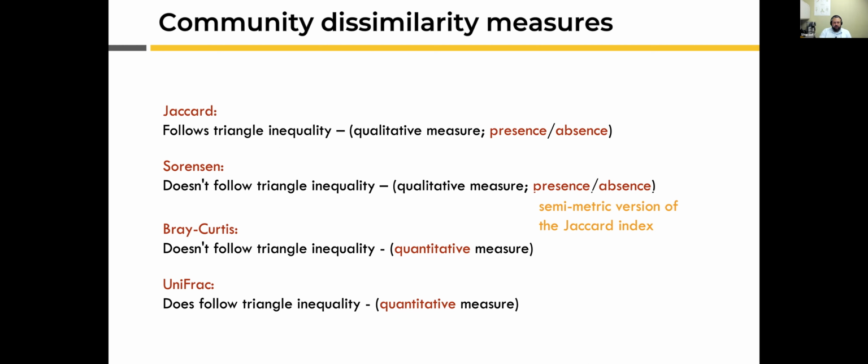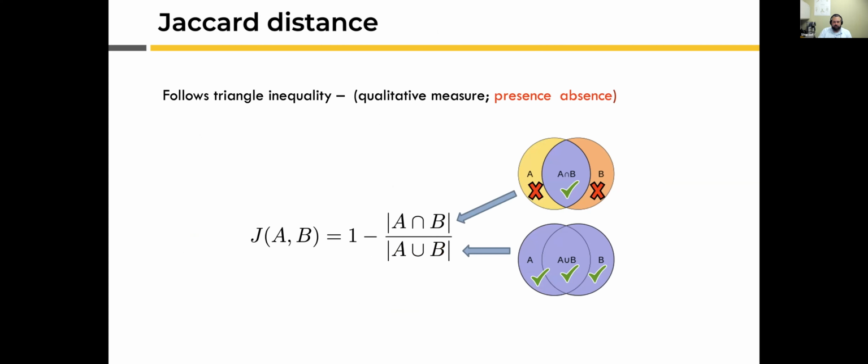Bray-Curtis is one of the more often used quantitative measures because it's relatively insensitive to outliers. Unifrac is the only one on this list that was designed for microbial ecology, and similar to Faith's phylogenetic alpha diversity, Unifrac takes into account the phylogenetic relationships among the species between 2 samples.